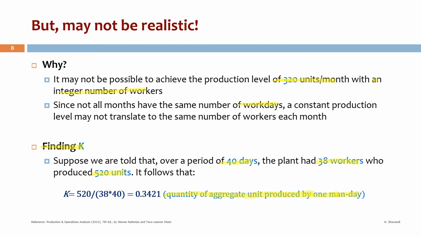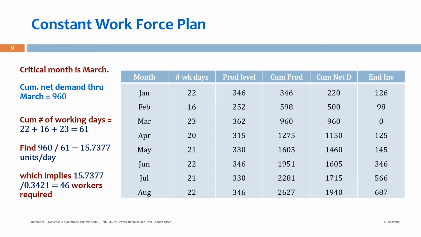So we have 38 workers constant over the 40 working days, and we produced 520 units. If we divide 520 by 38 times 40, we obtain the quantity of aggregate units produced by one man day, one worker per day. For this example it is 0.3421.